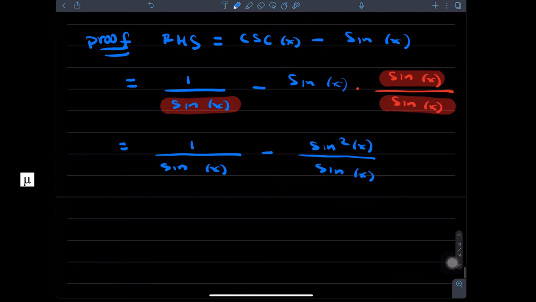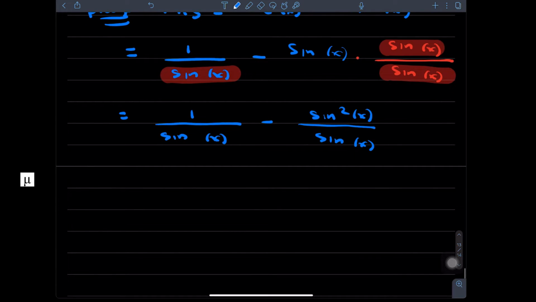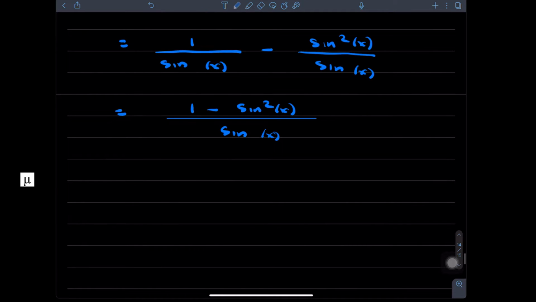Okay, so now what are we able to do? You guys remember, algebraically speaking, it has the same denominator. So this is 1 minus sine squared over sine. Right? So how is it that we're able to do that? Remember the algebra?